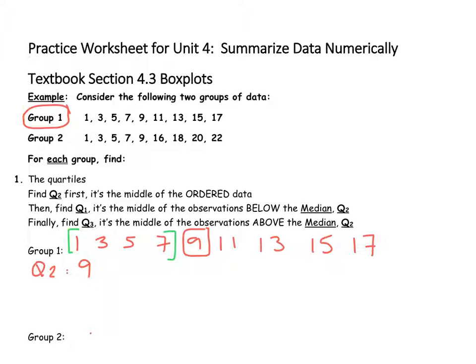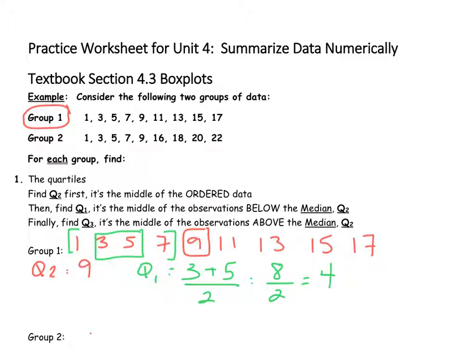There's 4 values there, so there's an even number, which means I don't have a middle, but I have 2 numbers in the middle. So to find Quartile 1, I will take 3 plus 5 and divide it by 2 because I'm finding the average, or 8 divided by 2, which is 4. So Quartile 1 is 4.